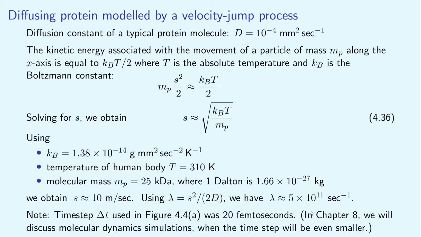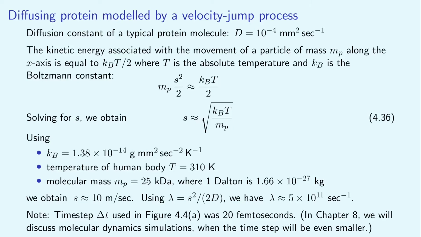This also restricts the size of our time step delta t in figure 4.4a. In that simulation, I had to make sure that lambda times delta t is significantly less than 1, so I chose delta t to be 20 femtoseconds. This is not the smallest time step you will find in the lecture notes.